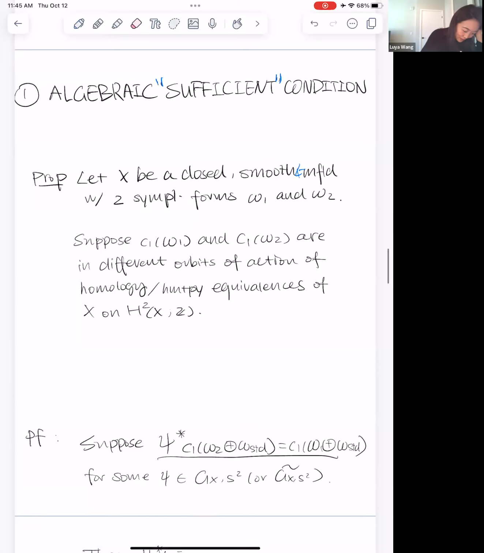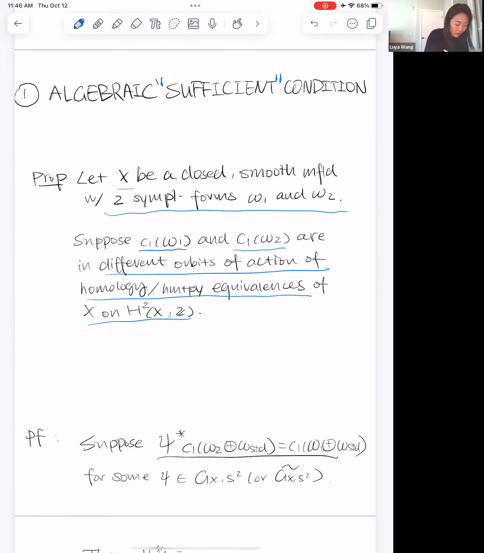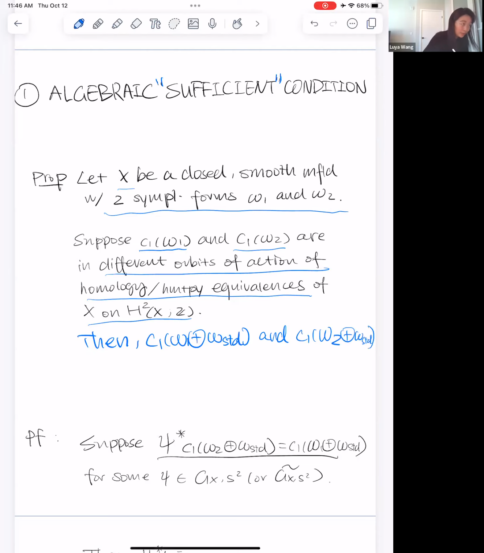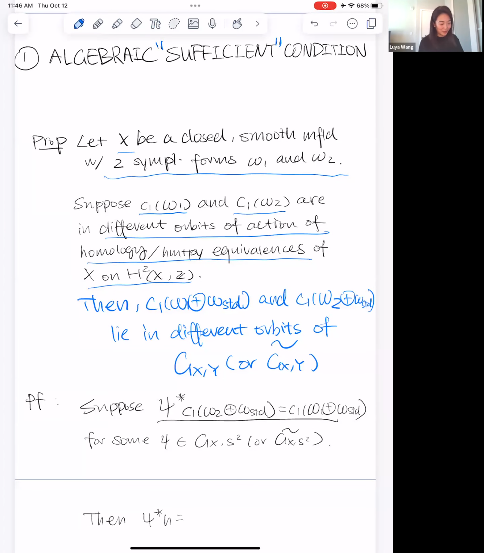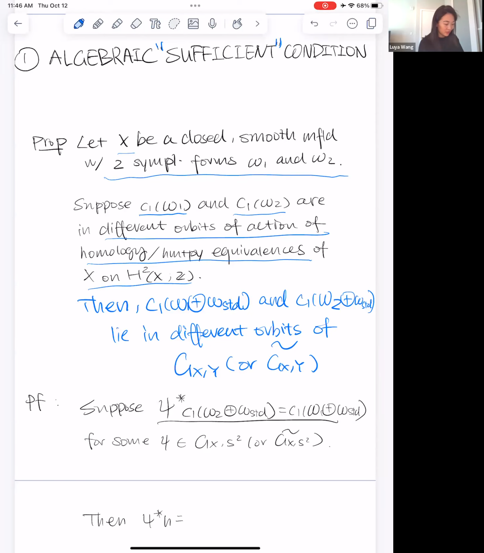Actually, I don't think this one depends on dimensions, but let me just say, given an X, which is a smooth four-manifold with two symplectic forms, omega-1 and omega-2, suppose their C1s are in different orbits of actions of homology or homotopy equivalences of X on H upper 2 of X. Then, I guess you can guess where I'm going, the stabilized symplectic structures have their standard C1s lie in different orbits of G XY or G tilde XY, depending on which examples we are in, whether it's homology equivalences or homotopy equivalences that you can use.